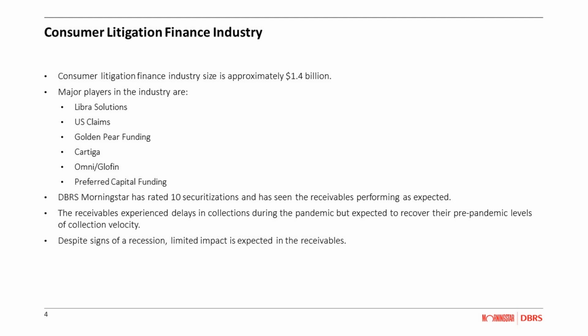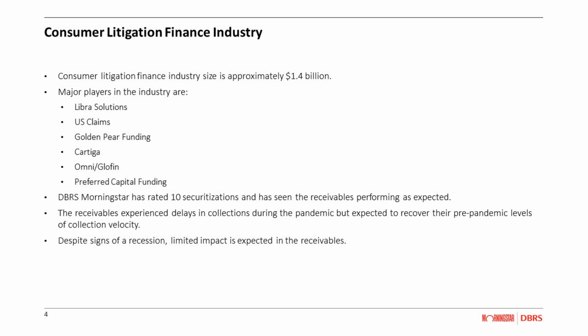And DBRS Morningstar, as I mentioned earlier, has rated transactions for two of the major originators. And we have so far rated 10 securitizations in the space. And we have seen the receivables performing as expected.